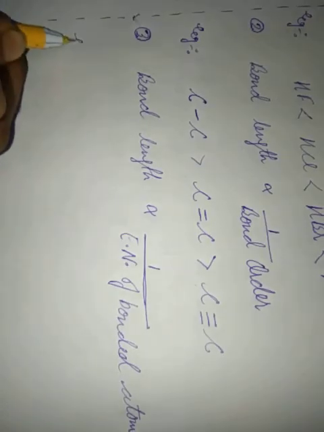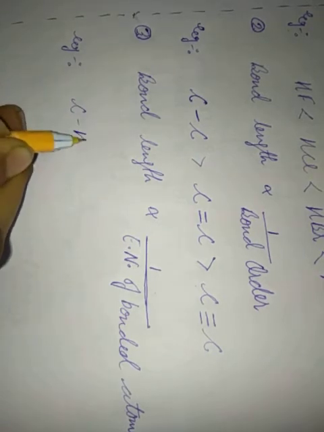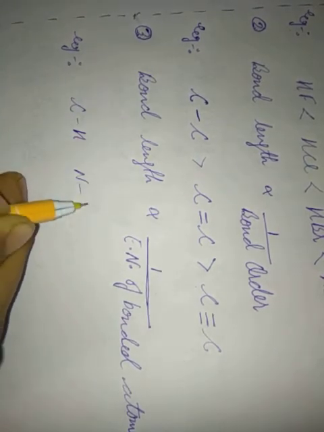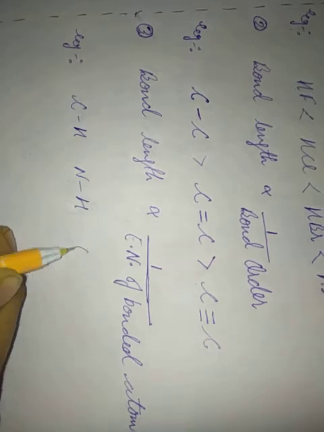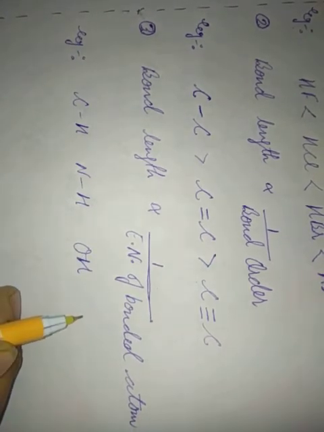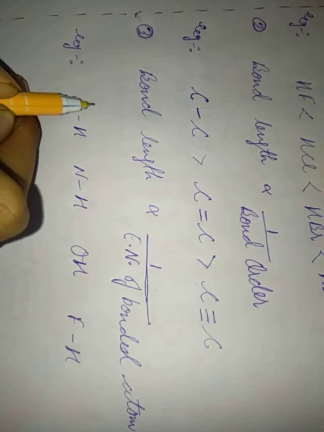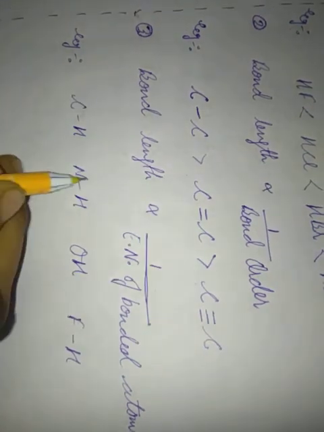For example, CH, NH, OH, sorry, FH. You know that here carbon is less electronegative than nitrogen, oxygen and fluorine, and the most electronegative element in this case is fluorine.